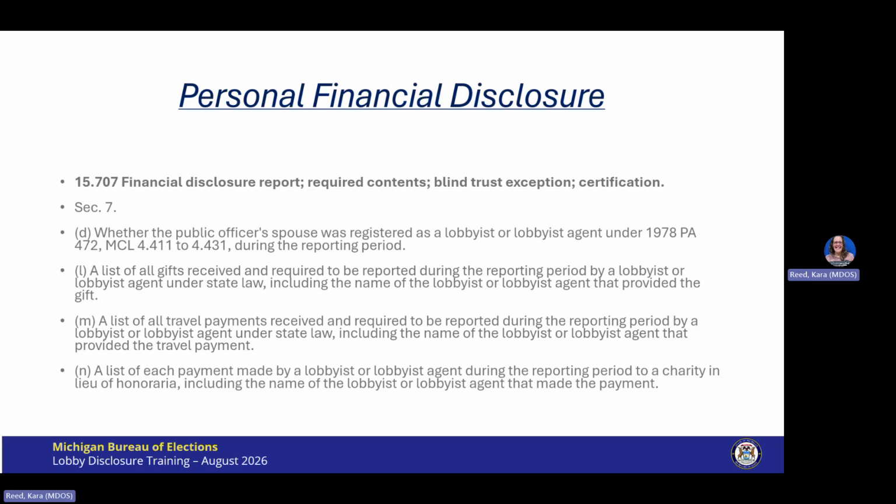Public officers hold the statutory obligation to disclose the gifts, travel payments, and travel reimbursements from lobbyists and lobbyist agents if the lobbyist or lobbyist agent was required to report the gift, travel payment, or travel reimbursement under the Lobby Act. Now, this is the responsibility of the public official to report whether or not the lobbyist or agent properly reported the interaction on their financial report.